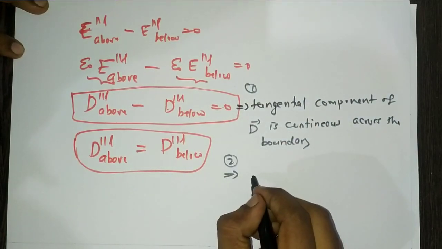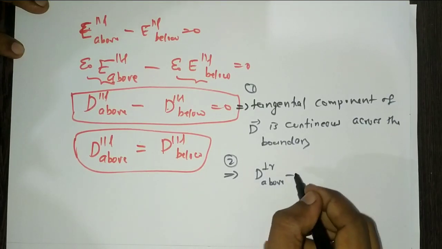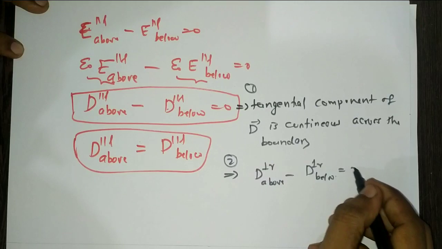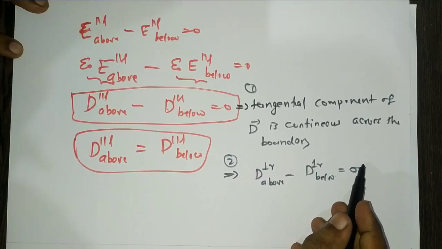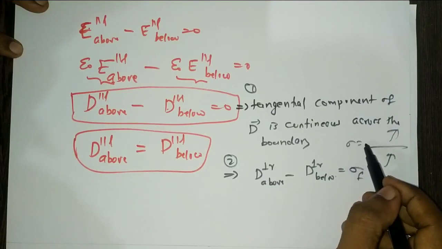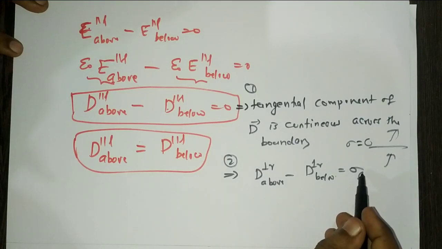The second boundary condition that we have already obtained: D perpendicular above minus D perpendicular below is equal to sigma f. If the boundary does not have any charge, if it is a charge-free boundary, then sigma f will be 0.